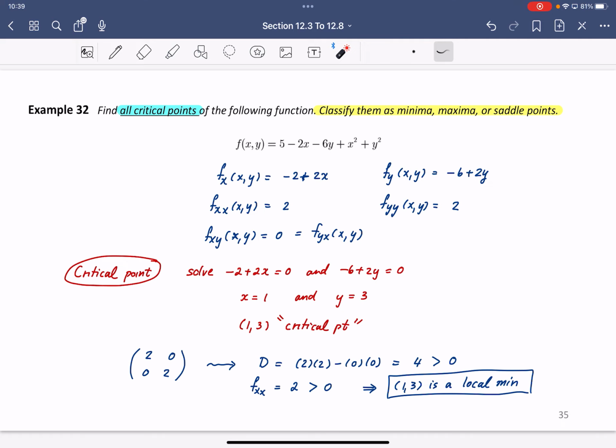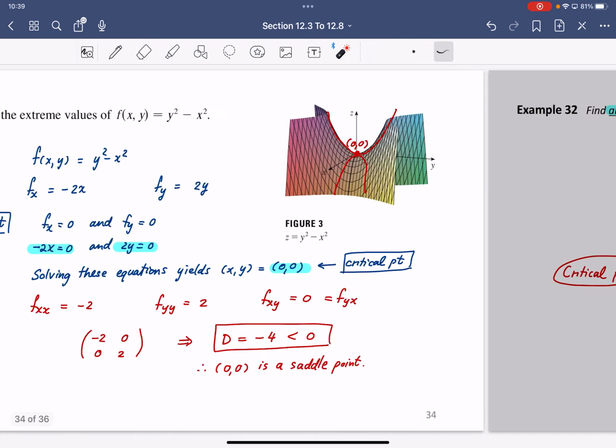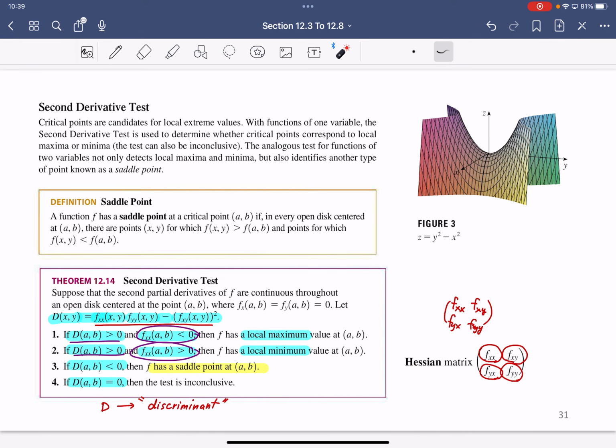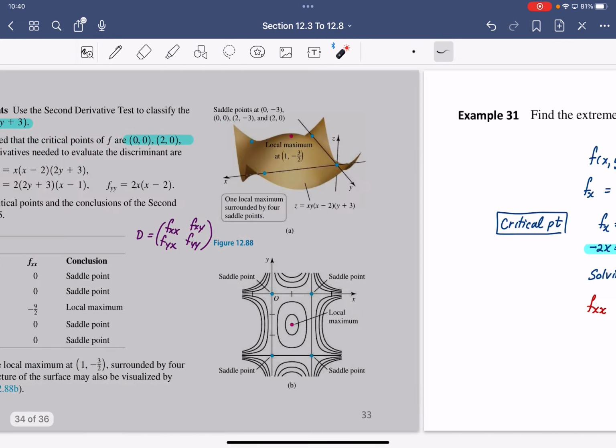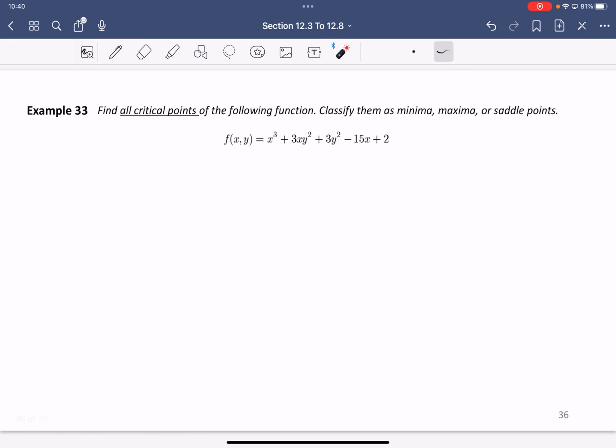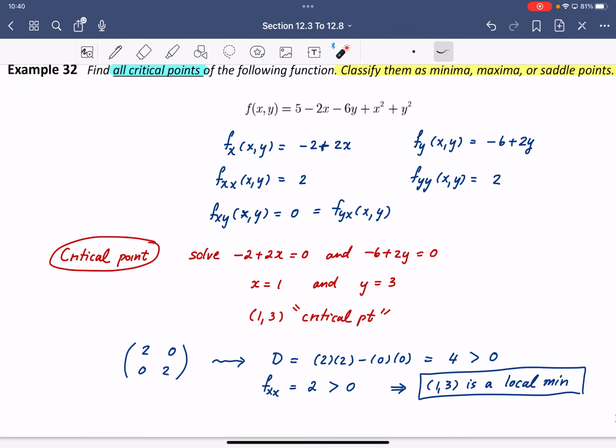Again, one more time, everyone. This is actually the second derivative test. Here, you take a look at this, and then you're gonna get local max or min. One idea is that we have to check the sign of the second derivative.